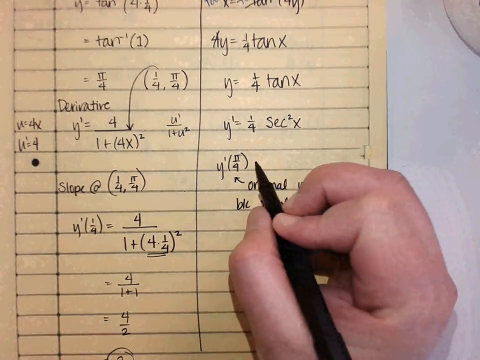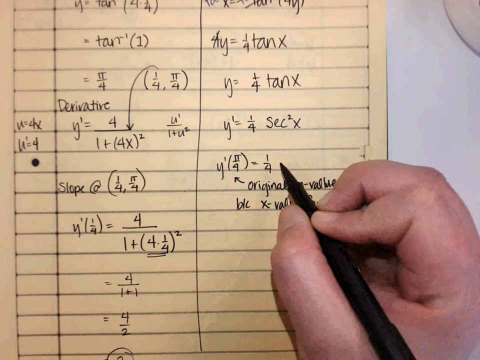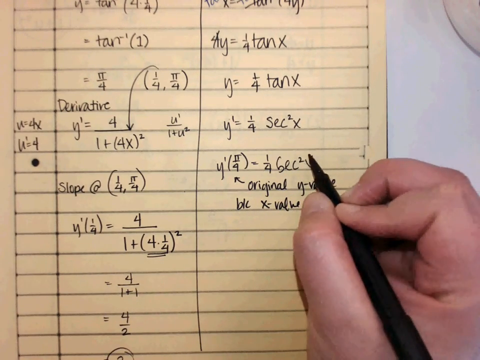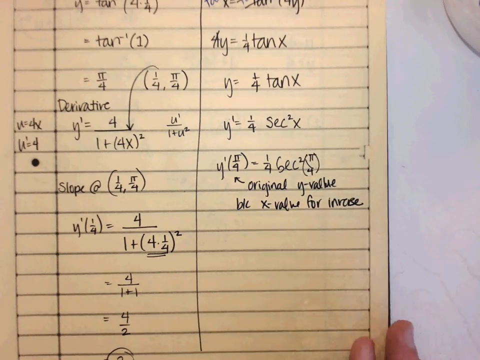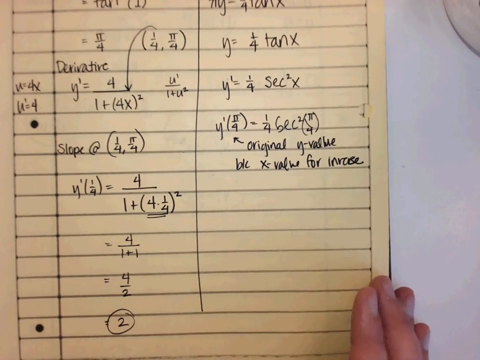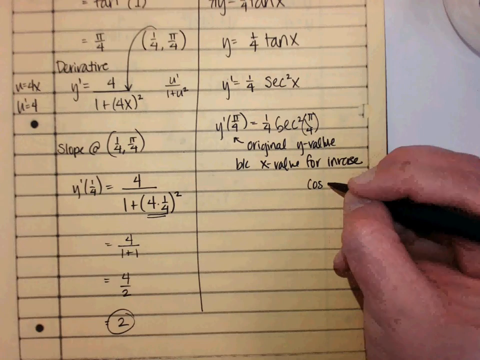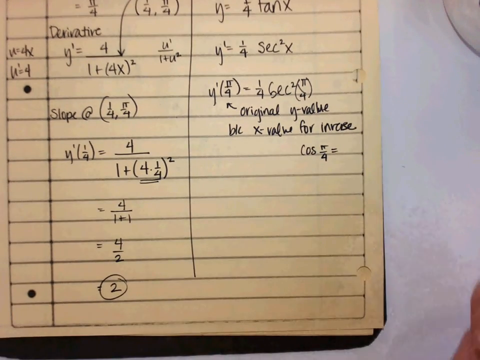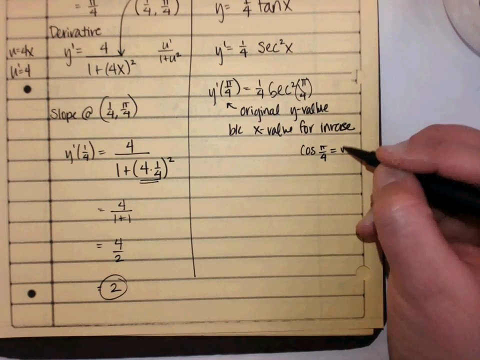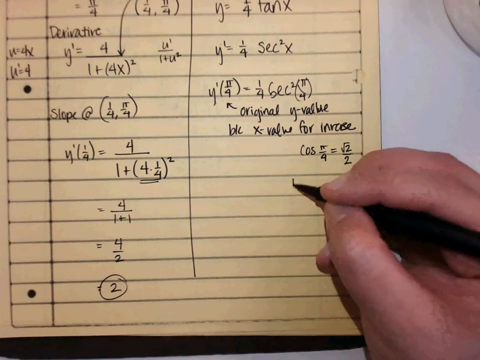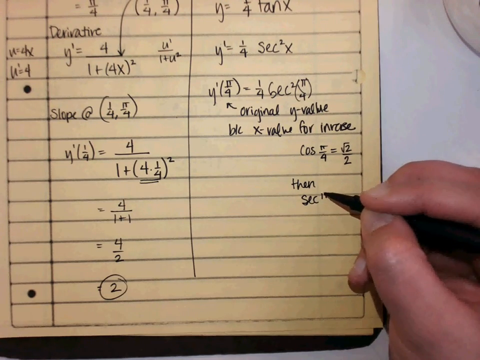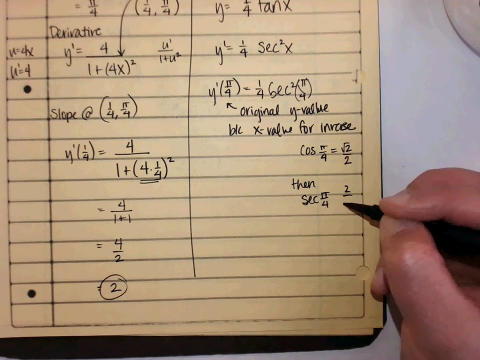Now, how do I find secant? I find the cosine, and then I flip it, right? So, what is the cosine of pi fourths? Pi fourths is here, root 2 over 2. Then what is the secant? Secant pi fourths would be 2 over root 2.